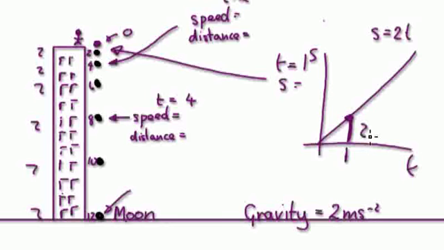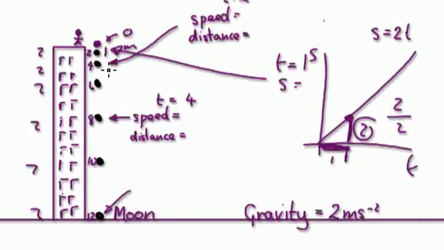So the height here will be 2. So it's 2 times this distance here, which is 1, divided by 2. 2 times 1 is 2, divided by 2. So the distance traveled here would be 1 meter.